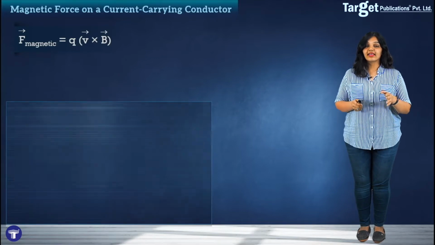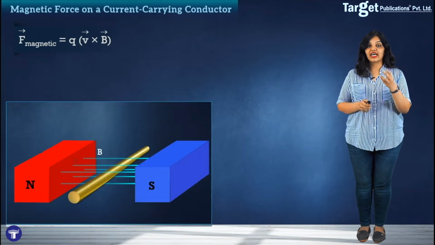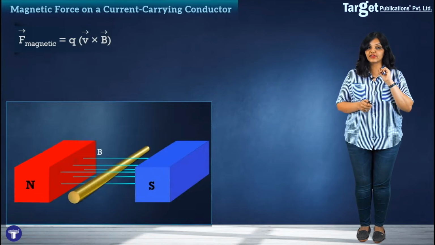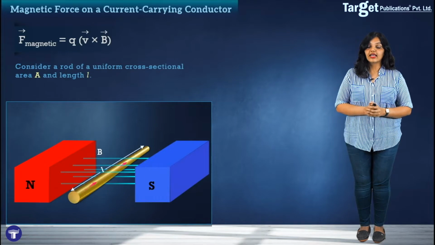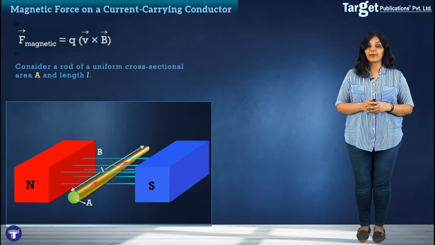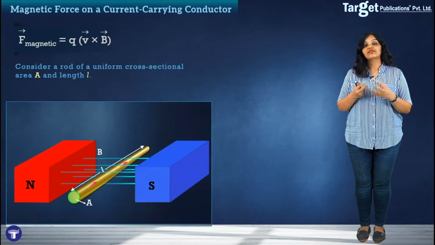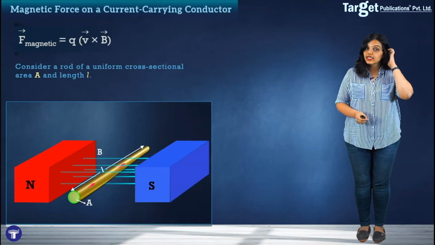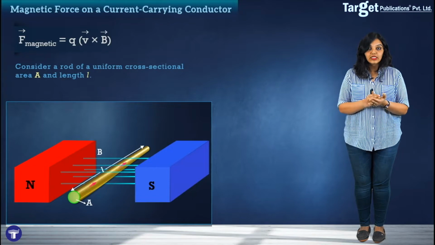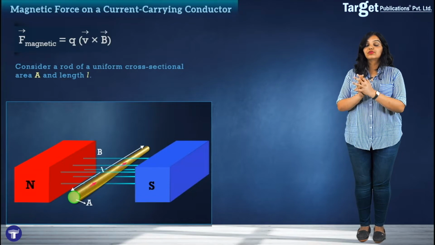Let's start by analyzing pictorially the picture of a current carrying conductor placed in a magnetic field. Let's say that I have a straight rod whose length is L and area of cross section is capital A. Now, we have seen that for a moving charge in a magnetic field, the force acting on this moving charge is perpendicular to the velocity and the magnitude of the field.